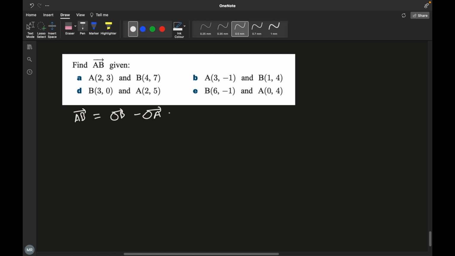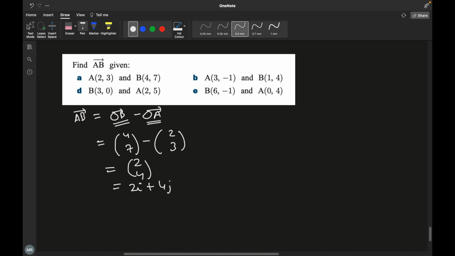We have the coordinates for both, so we just have to plug in the values. So let's write 4, 7 minus 2, 3. This is going to be 2, 4, which is also 2i plus 4j.